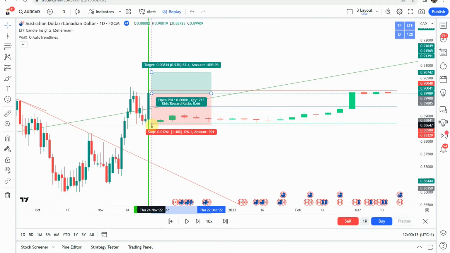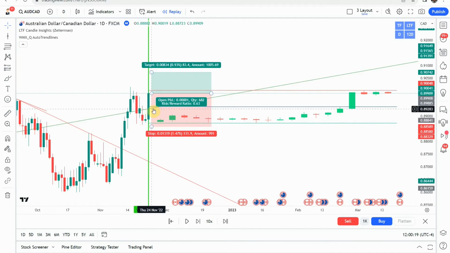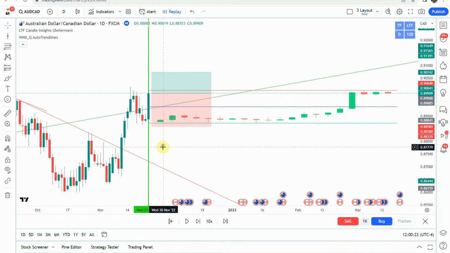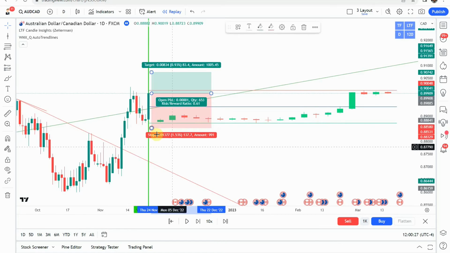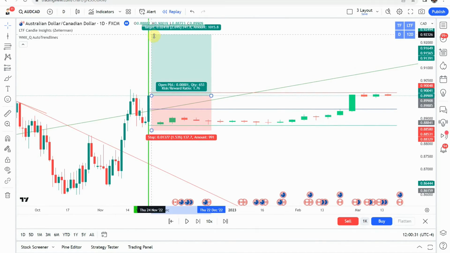The stop would be either below this last swing here or possibly below the trend line right there, just depending on what price action is doing. But because it established the swing right here, we're going to put it right below that. And then we are going to target a 1 to 2 risk reward.